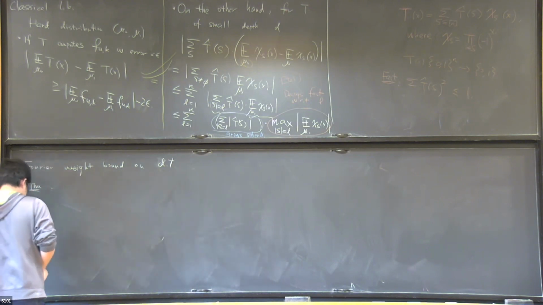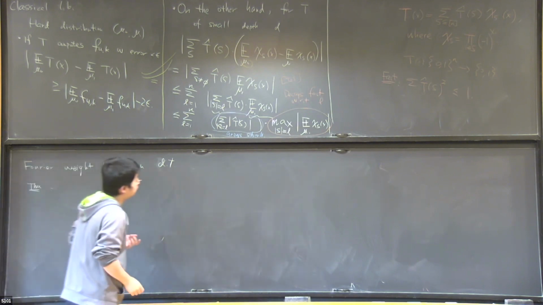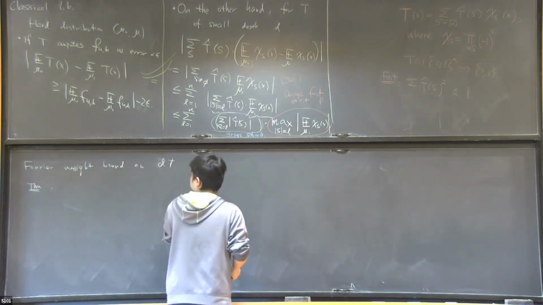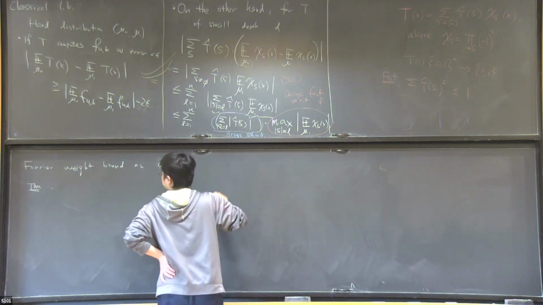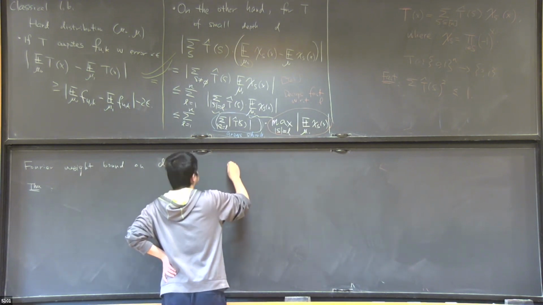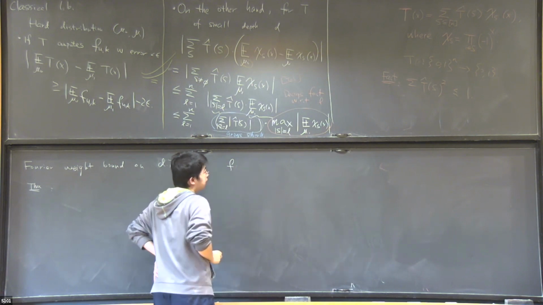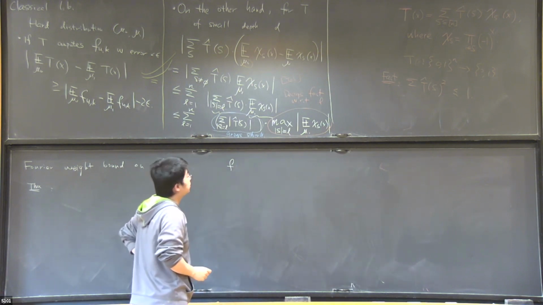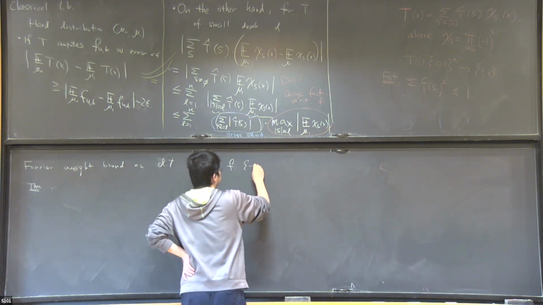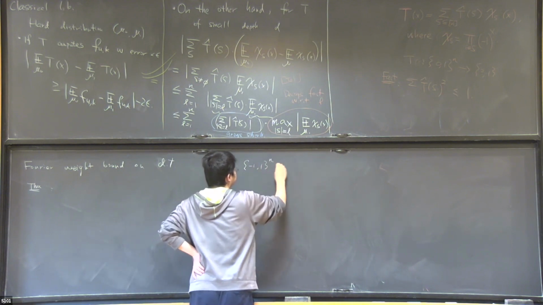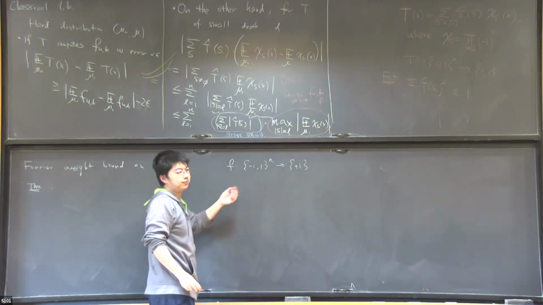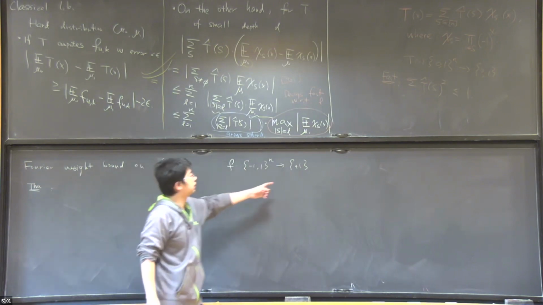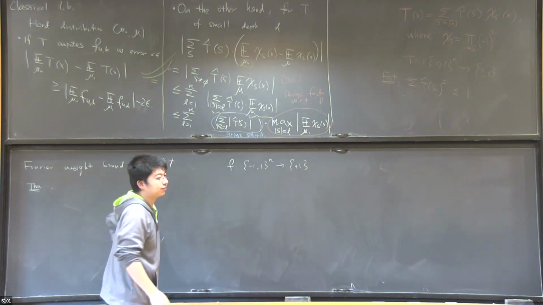Before that, let me specify some notation. For the remainder of the talk, I'll be using the -1 and 1 representation for inputs, but the output you can still think of as 0 or 1.